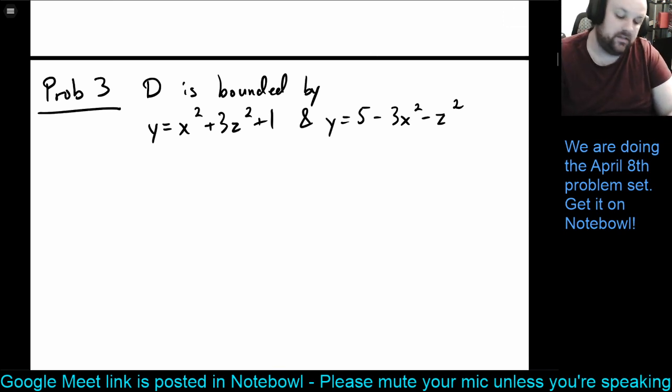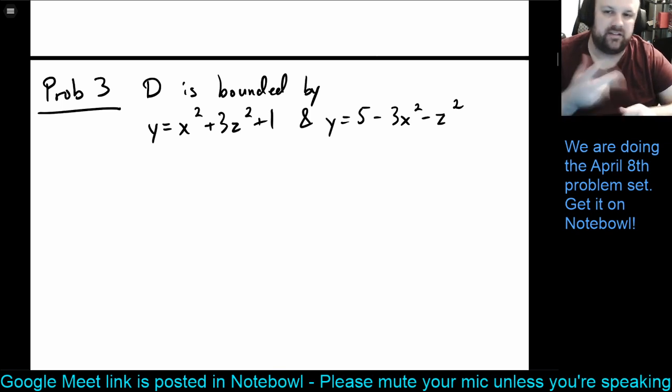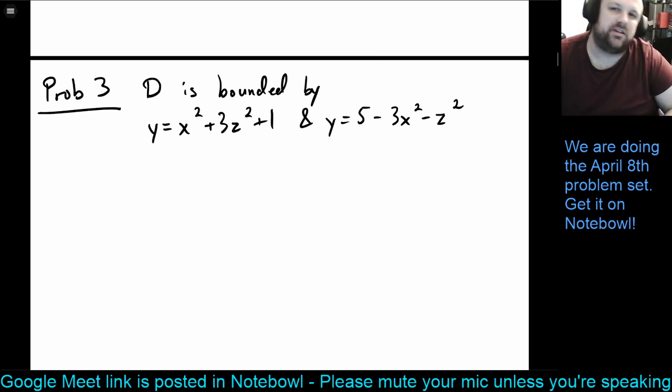All right. So we want to look at, well, what is this shape here? Since we have y on the left and x squared and z squared on the right, these paraboloids open along the y-axis, right? Whichever variable's not squared is sort of what axis the paraboloids open along.